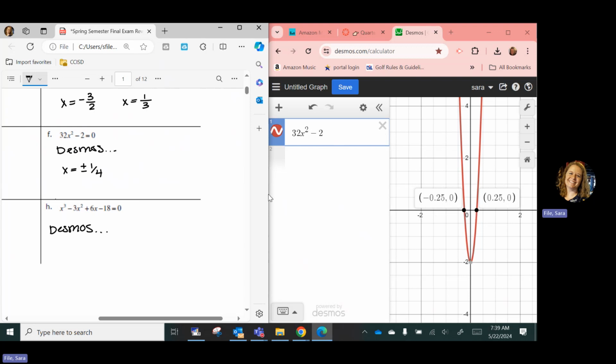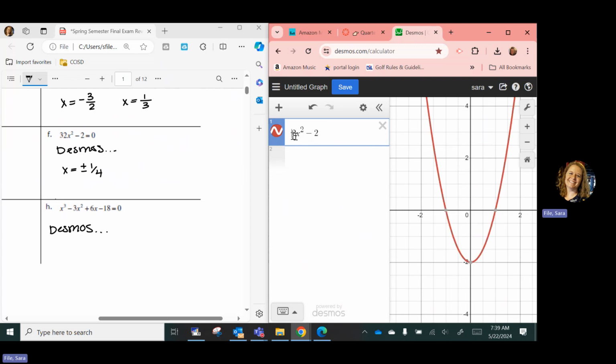Okay, we'll come across some later in the review that are set up differently, and I'll show you some options for those. But these are all set equal to 0 for you. So this one is x cubed minus 3x squared plus 6x minus 18.